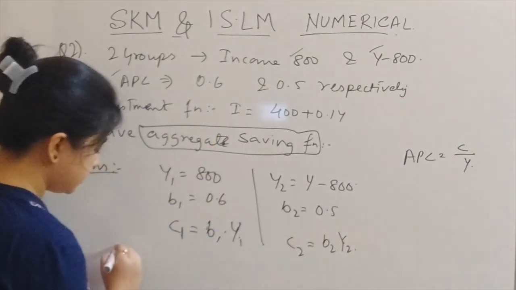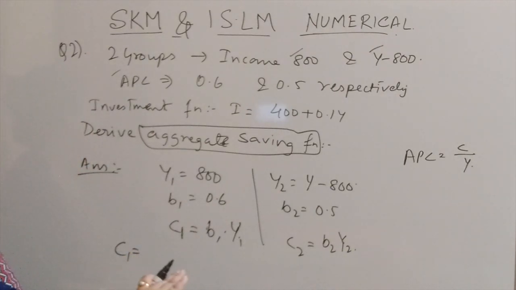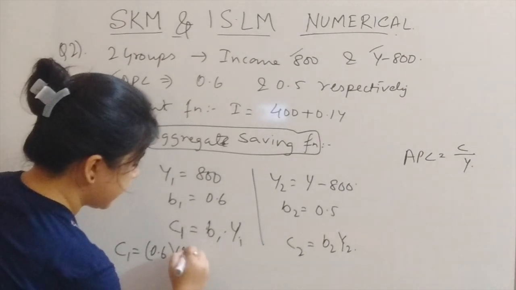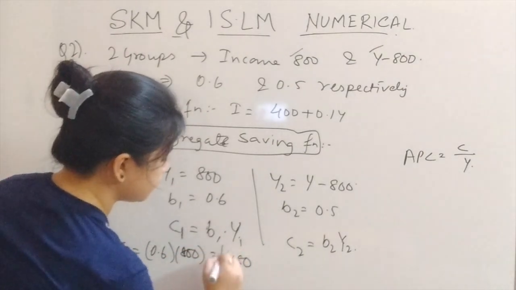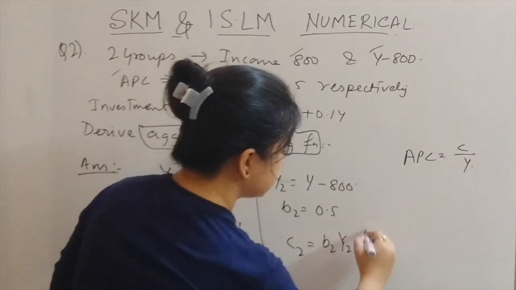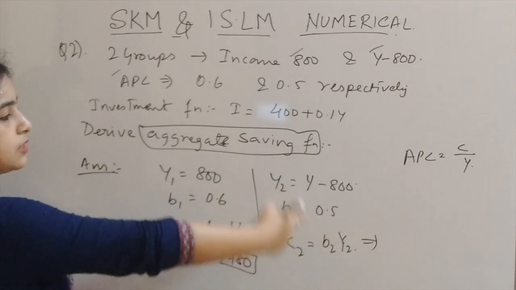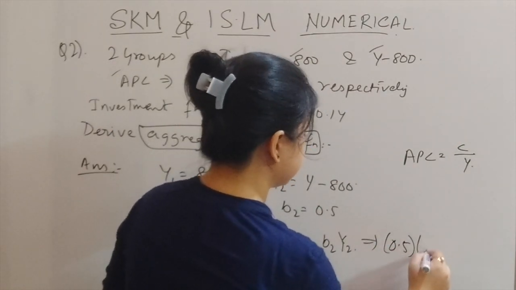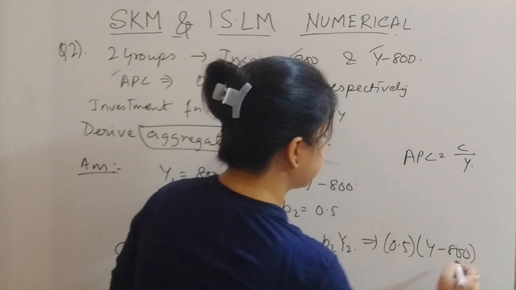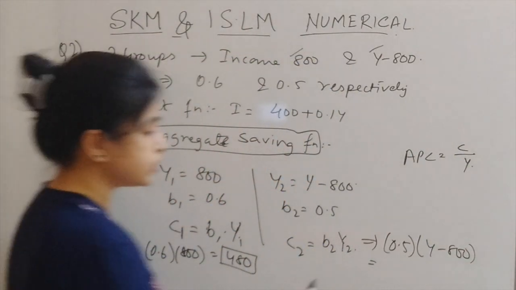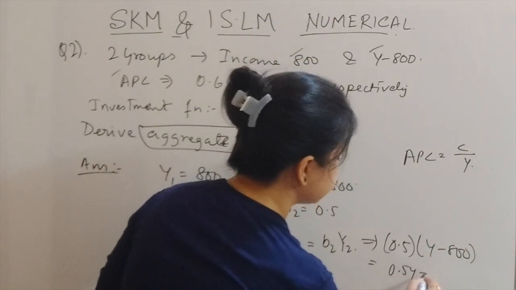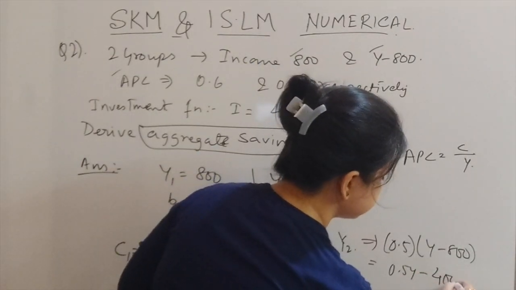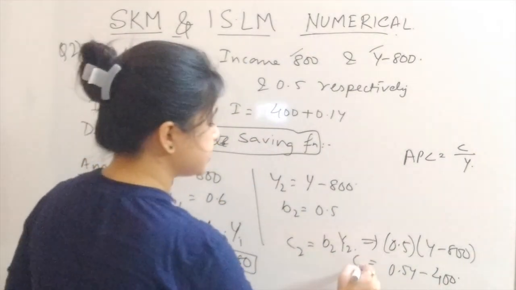So for C1, substituting the numerical values, we have 0.6 and 800, so this gives us 480. Similarly for C2, substituting 0.5 into y minus 800, right? So here we have 0.5 into y minus 400. This is the value of C2.